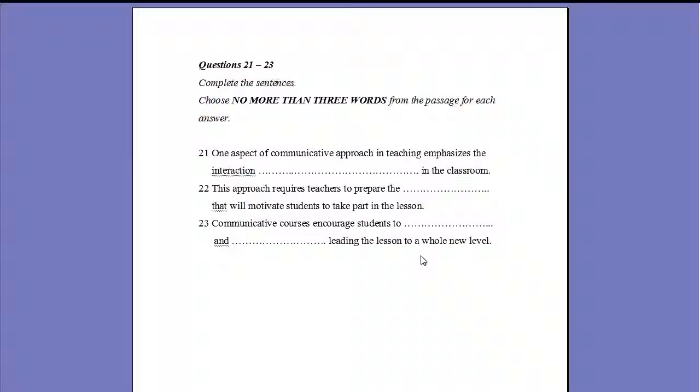And now let's go in. You need to fill the gaps in the sentences. So you should be careful of the word limit. In this example, you shouldn't write more than 3 words. So you can see it here in the instructions, okay? Also remember that the questions will not appear in the same order in the text.